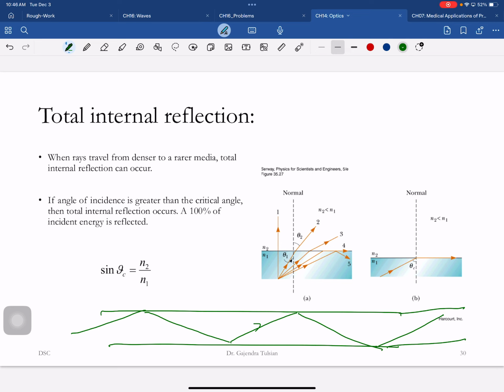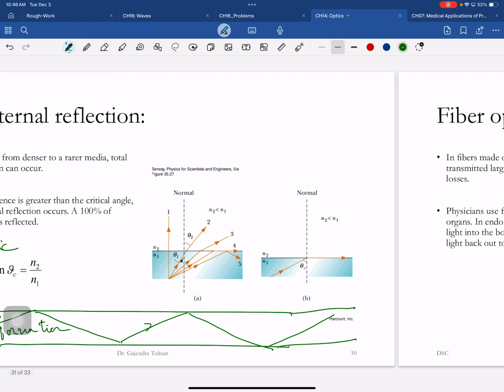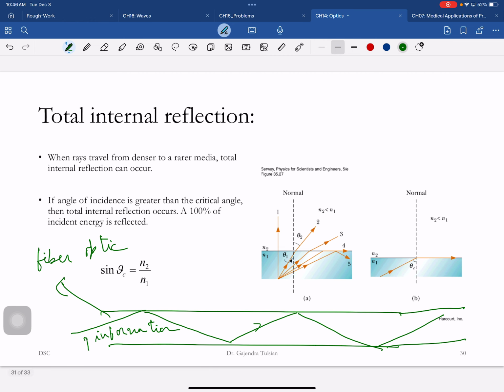And this is a fiber optic cable. So you're sending a light beam without any loss, and you can pack information on this light beam. There are techniques for doing this, and so that's why internet is so cheap. With fiber optic cables, you can send a lot of information.